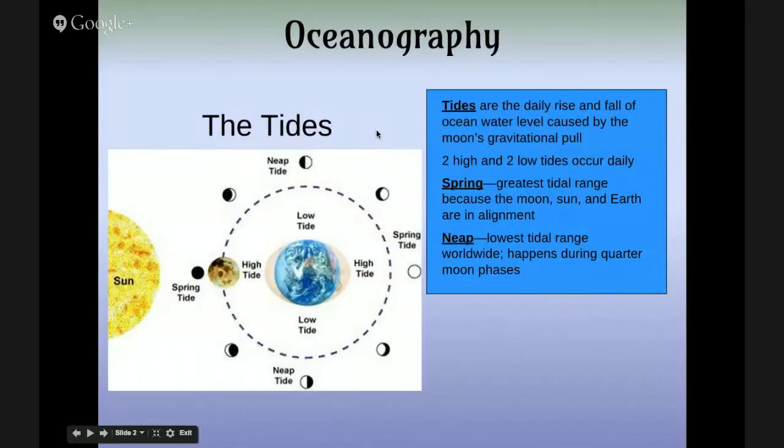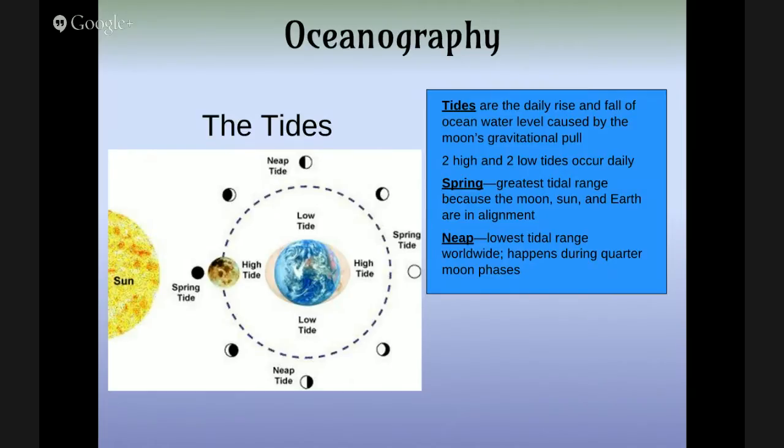All right, oceanography. So we talked a little bit about oceanography towards the end of the quarter, but we haven't talked about it a whole lot. So we have a little bit of time right now to talk about it. The main thing that we learned was how water moves around the Earth. So we have tides, the ocean water level caused by the moon's gravitational pull.